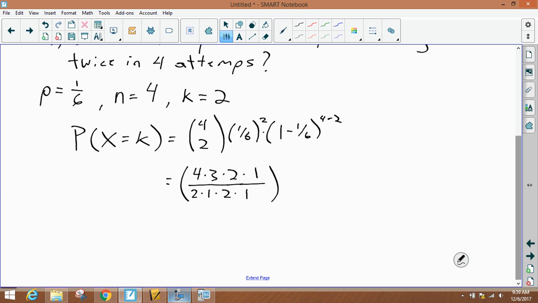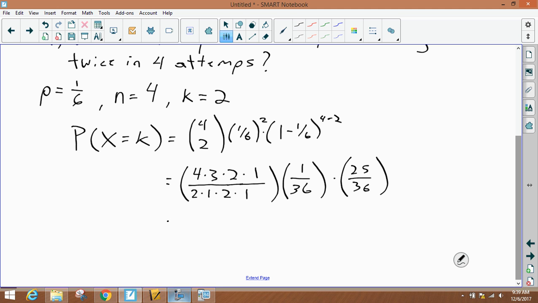That's 6, okay. And this is 1/36. And this is 5/6 squared, which is 25 over 36.